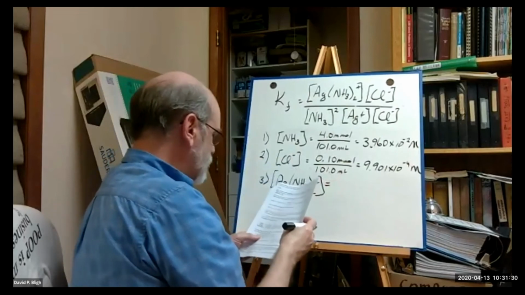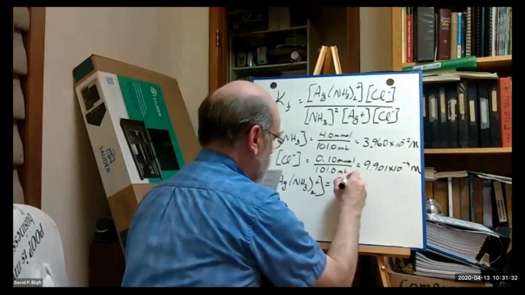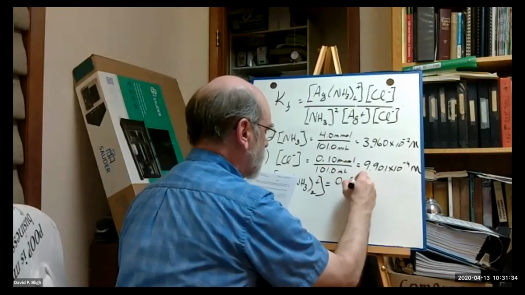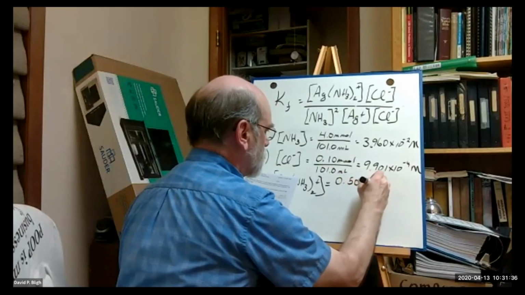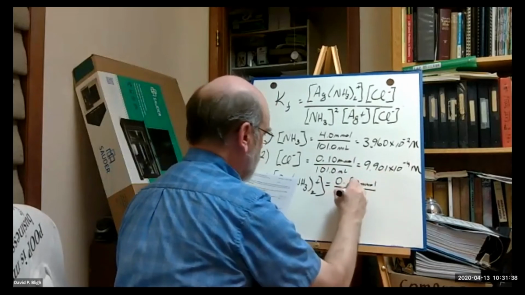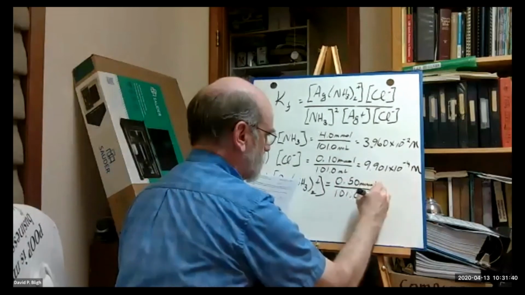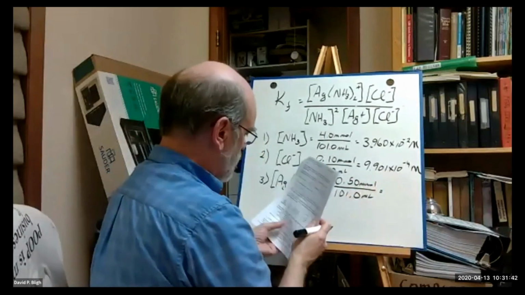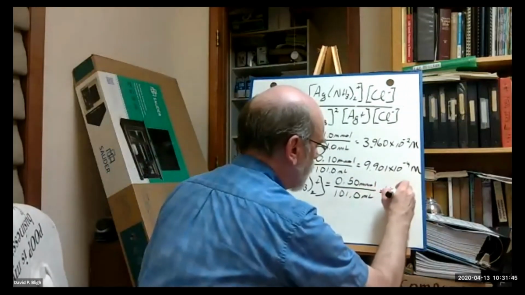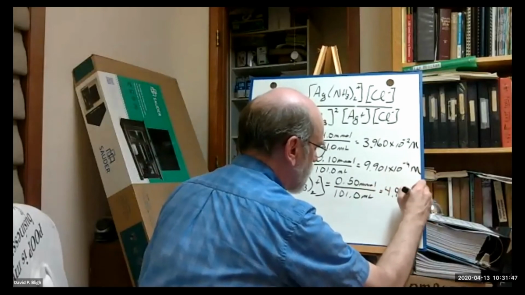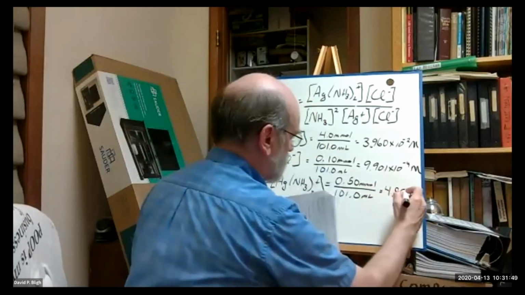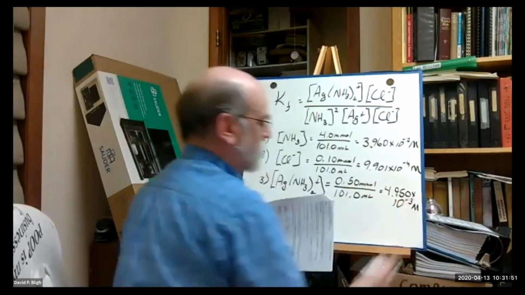And that concentration was 0.5 millimoles per same volume. And that's 4.950 times 10 to the minus 3 molar.